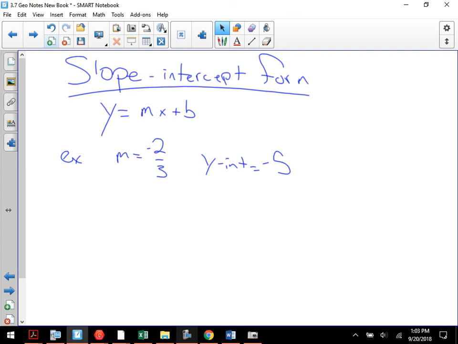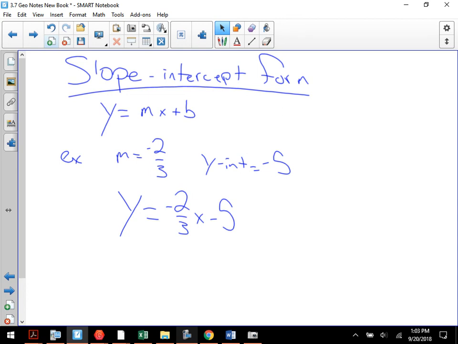And then what does the y-intercept represent? Put it together. What do you get? Y equals -2/3 x minus 5. And you're done. Go on your merry way. That's what you do.